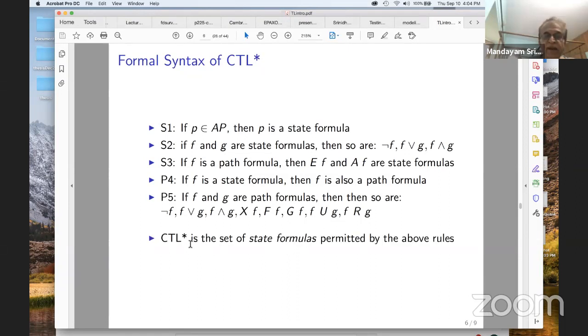Now, a formula in CTL star is defined as a set of state formulas constructed as per the above rules.